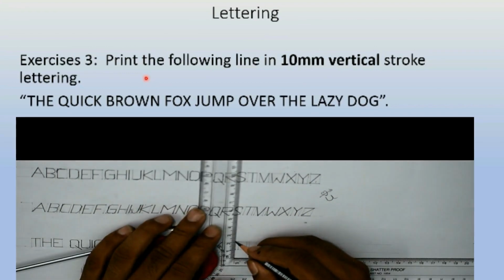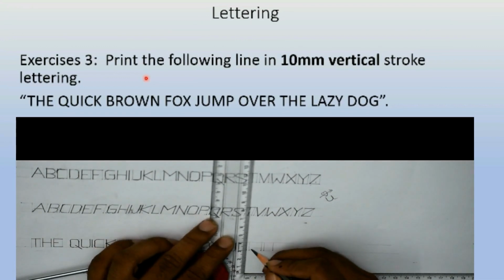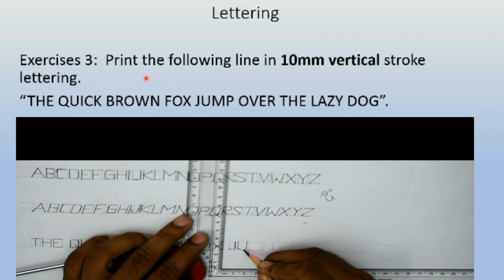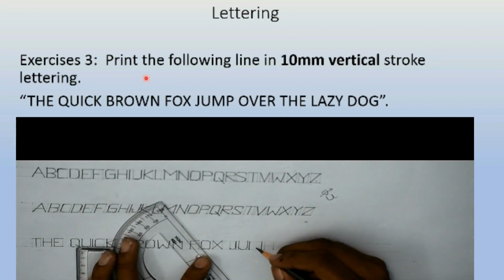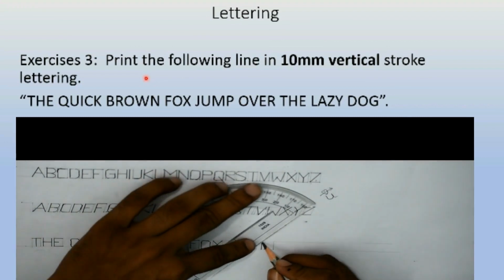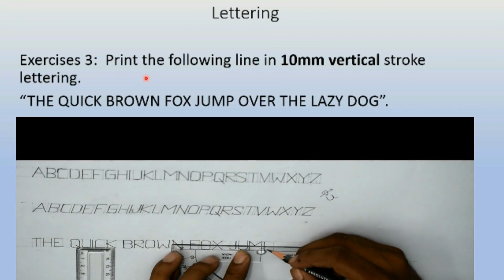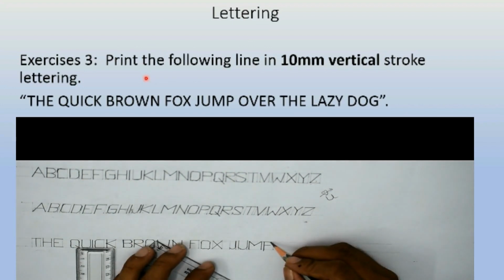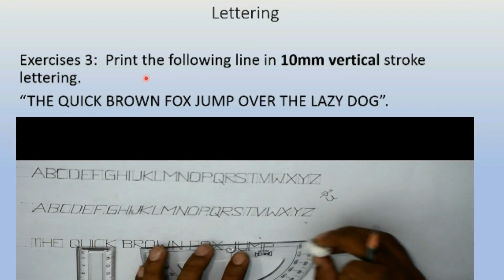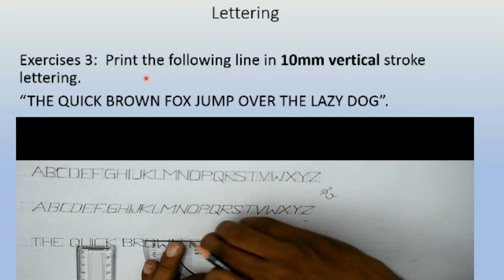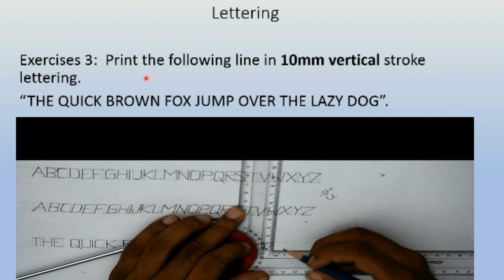So J, U, M, P. Jump over. Now for over, the word has changed, so 6 mm gap.